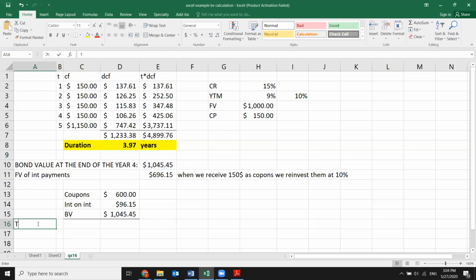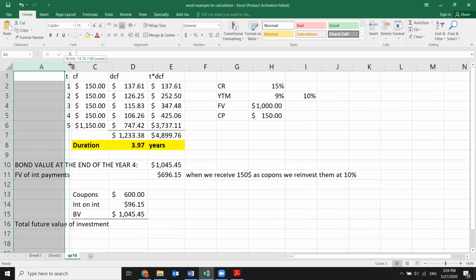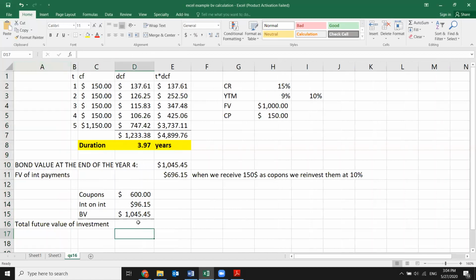Let me type it here. So total future value of investment. This is how we calculate when you decide to resell your bond at the end of the year 4.